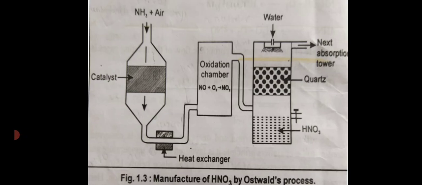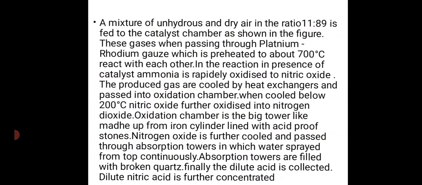Then the second chamber is the oxidation chamber, where NO plus O2 oxidation is carried out. The produced gases are cooled by the heat exchanger and passed into the oxidation chamber.